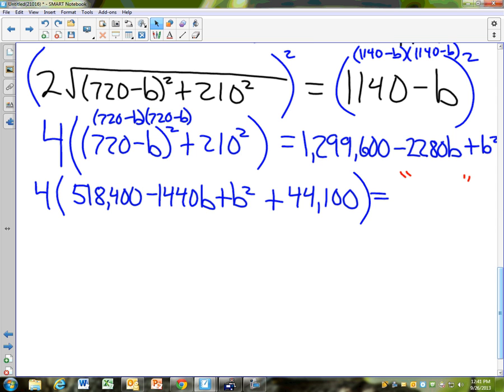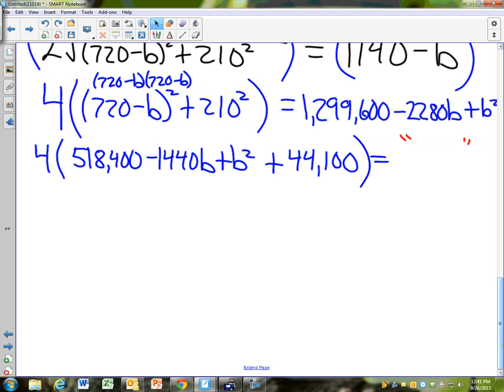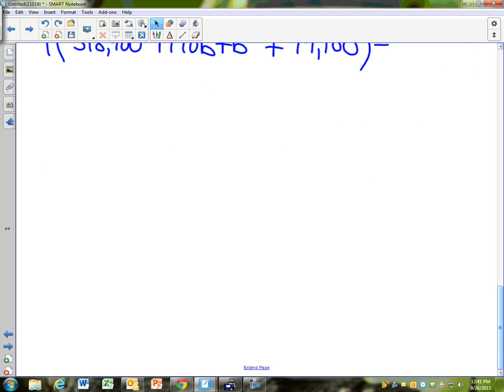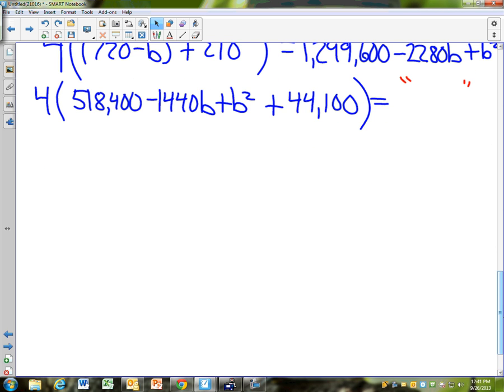What do you want to do now? Times everything by 4. That's a good idea. Let's multiply through by 4. By the way, this is the biggest problem you get this year. We're not going to go through another problem this large. But if you take calc next year, we'll do one slightly bigger. 4 times b squared is 4b squared. Yep, let's do that.